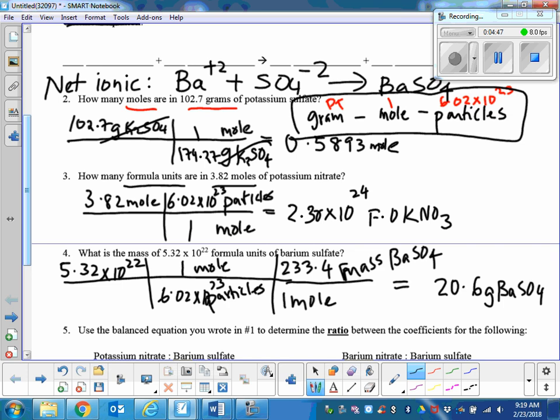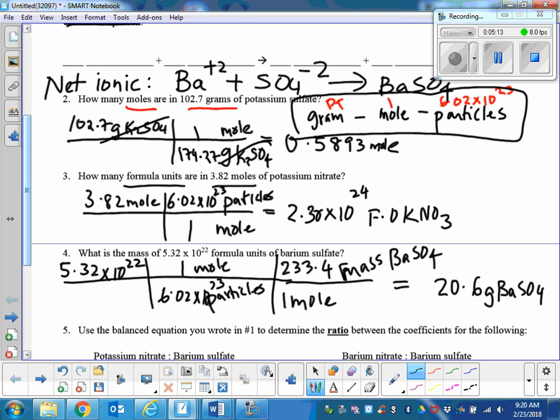Alright? That is called stoichiometry. How do you find quantities of one substance that's made from another substance? Whether you give that as mass to me, whether you give that as particles to me, whether you give that as moles to me, how will I find out how much of the other substance is being made?